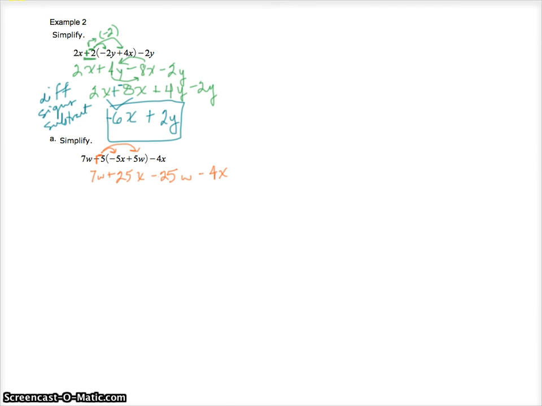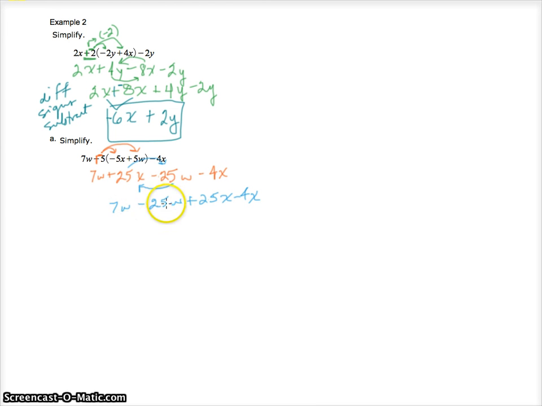Now I can go and rearrange my terms so that I get my common terms where they need to be. So I'll have 7w minus 25w plus 25x minus 4x.